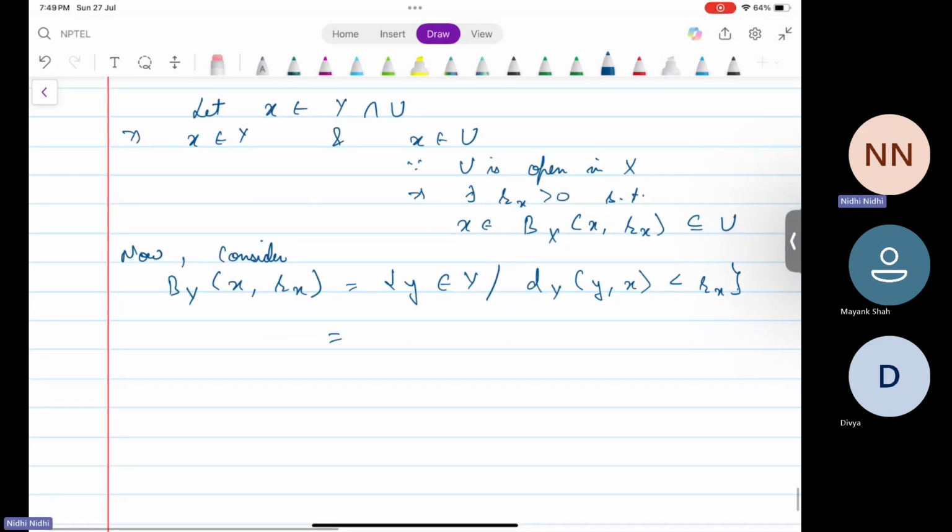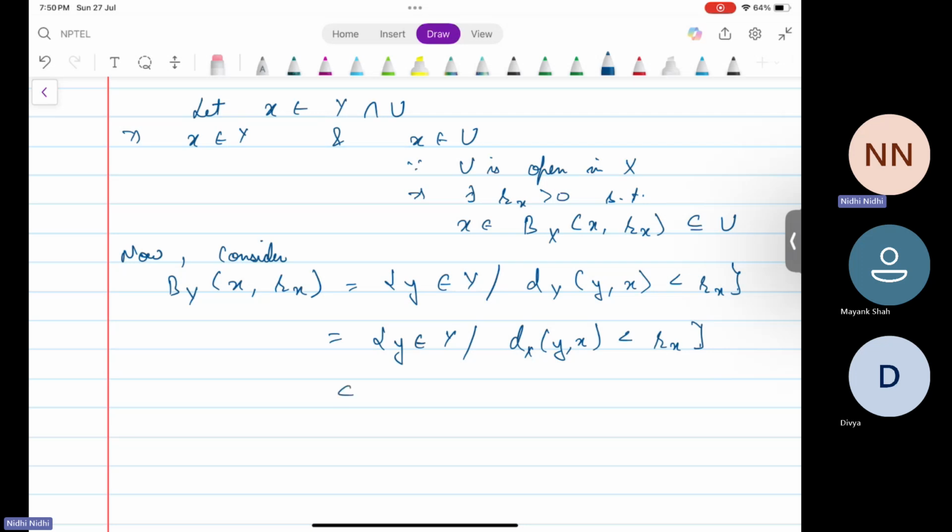Now this is equal to y in Y such that dY(y, x), or you can write it as dX. It's up to you. You can always omit this x. I'm writing it to specify everything. This is strictly less than Rx. That's how we define metric in the subspace.